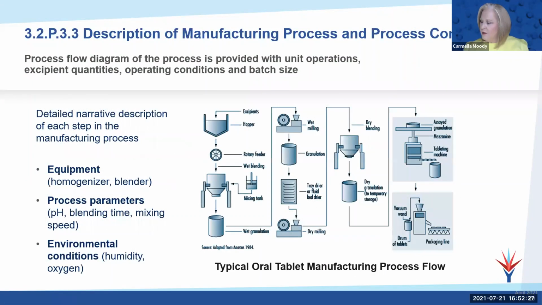Okay. All right, so again, we're going to talk about the manufacturing process and process controls. Same thing as with the drug substance, you need to have a process flow chart and you need a narrative to explain the process controls and what you're trying to do.